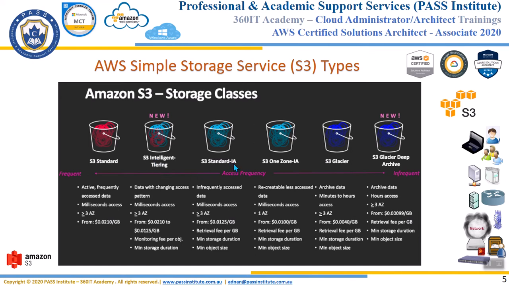I'm going to come back to Intelligent Tiering, but the second type is infrequently accessed. This is most frequently accessed, hot data, and this is infrequently accessed, cold data, where you need the data to be accessed sometimes, not frequently. Here you will get a minimum storage duration and object size.